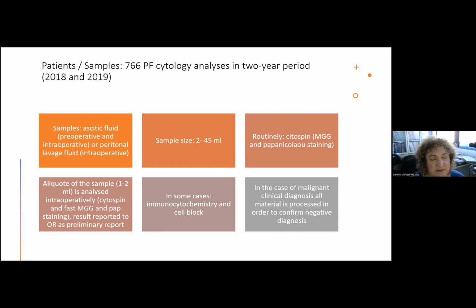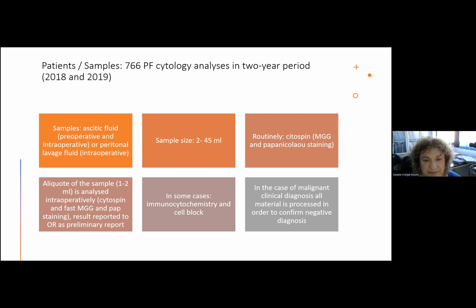Sample sizes varied between 2 and 45 milliliters. And we always have a routine cytospin with MGG and Papanicolaou. An aliquot of the sample is analyzed intraoperatively, as I already mentioned, is our way of doing things. And just in some cases, we did immunocytochemistry and cell blocks.